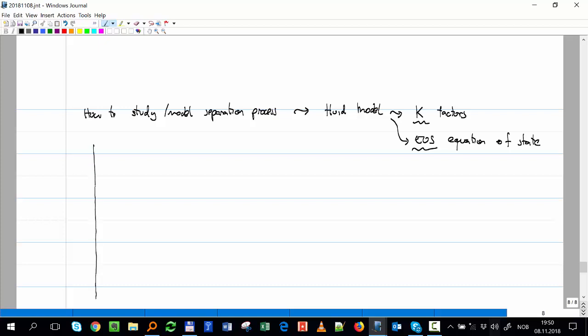So if you make a plot, let's make some nomenclature first. Zi is the composition of the mixture, where i is the component, for example methane, also it can be ethane.